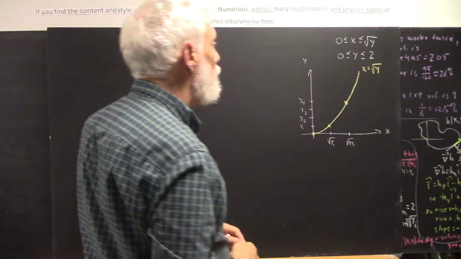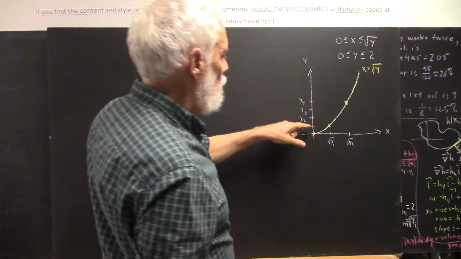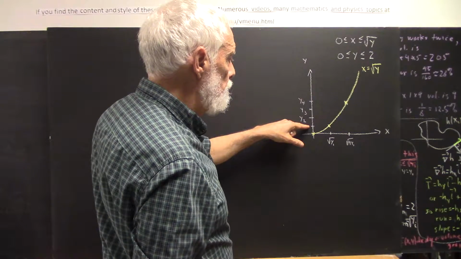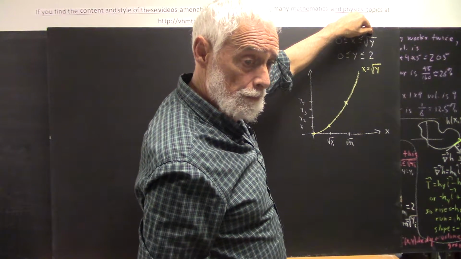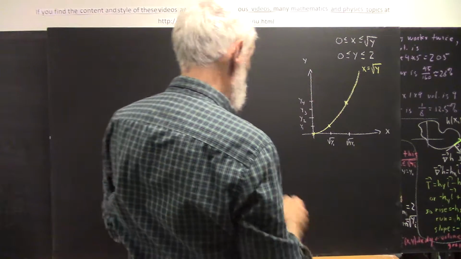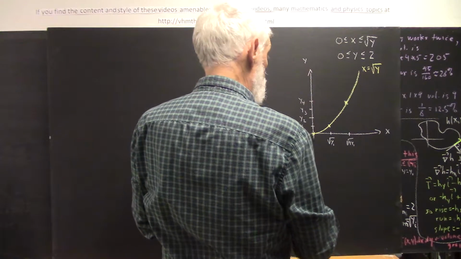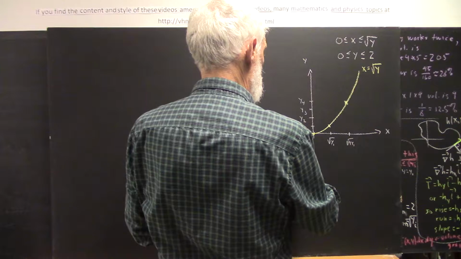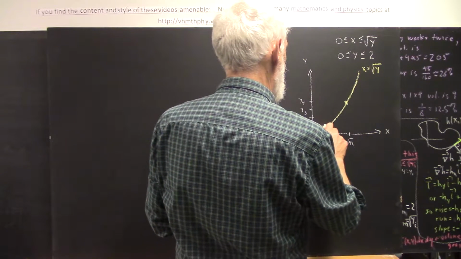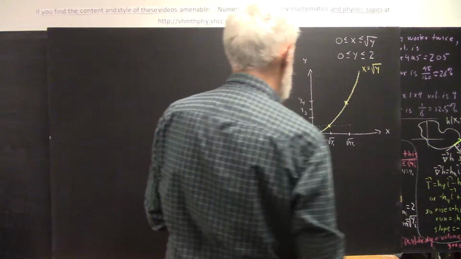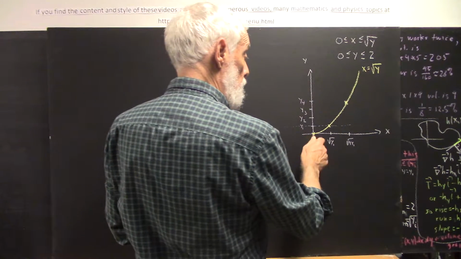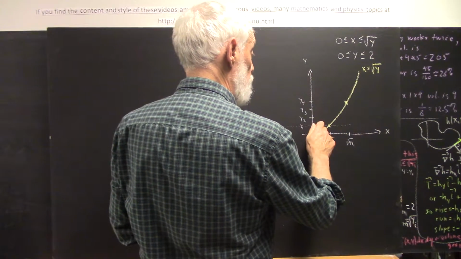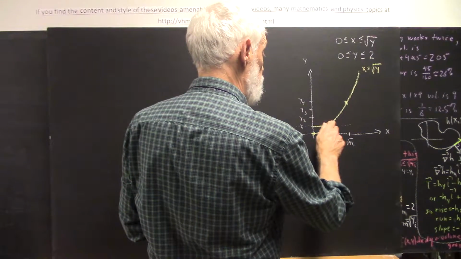Furthermore, when y takes a given value, x can be anything from 0 up to that value. Okay, so if we fix y at y equals y1, possible x values run from 0 to the square root of y1. So the possible x values go from here to here.